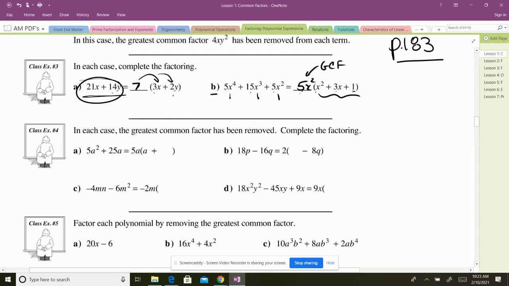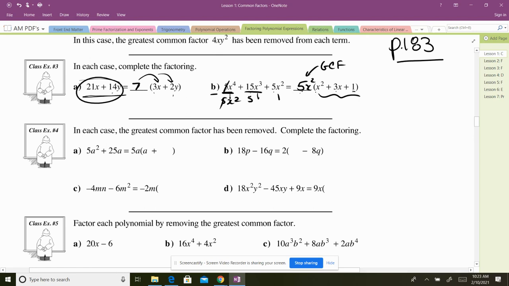this is the greatest common factor, sits on the outside of the brackets, and what's left inside is dividing them. And remember, when you're dividing exponents, you subtract, right? So if I divide this by essentially 5x squared, the 5s cancel, x to the 4 over x squared becomes x squared, okay?